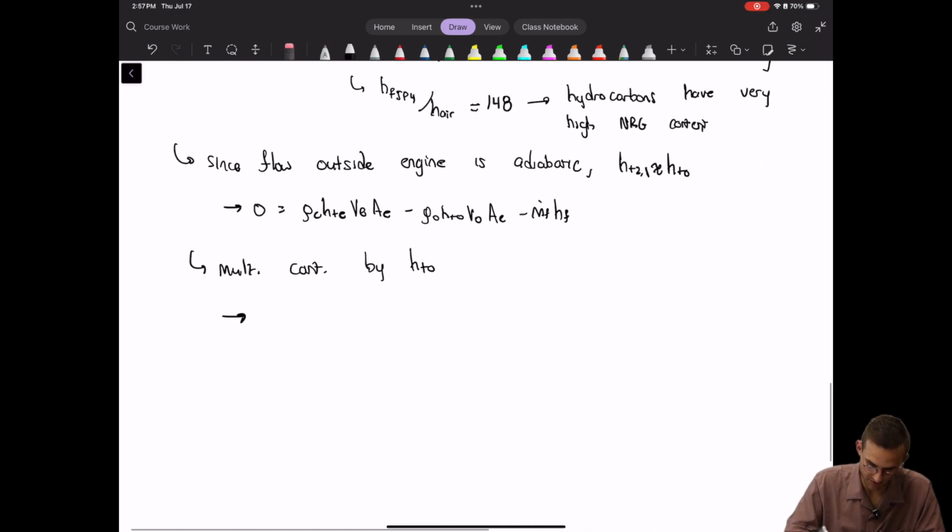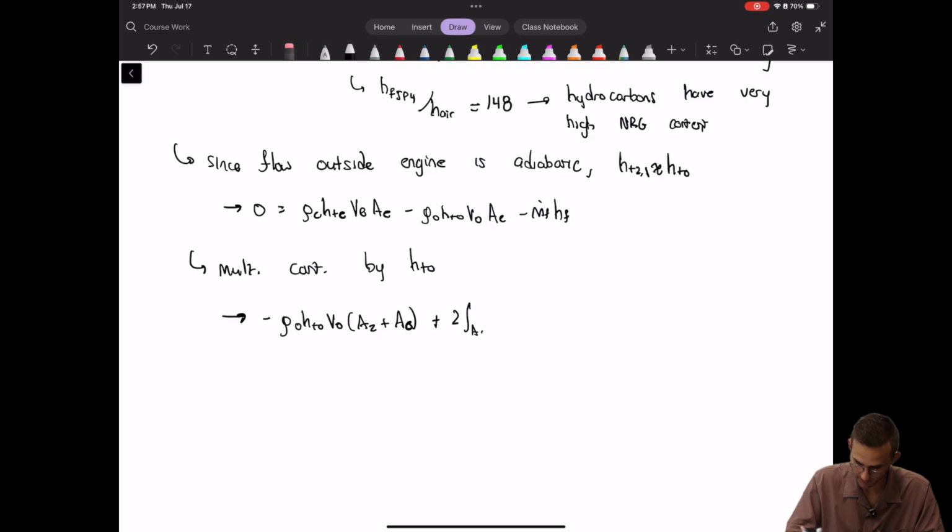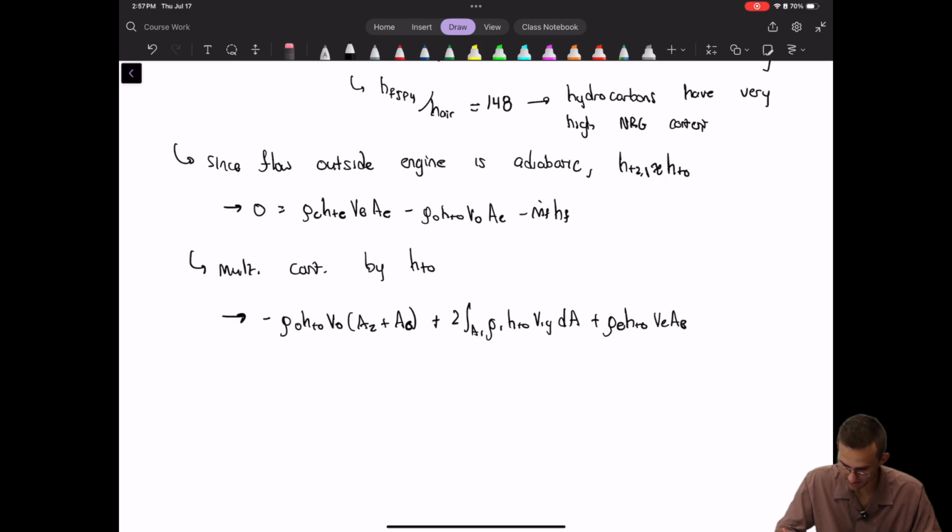It'll end up looking like minus rho naught HT naught V naught times A2 plus AE, plus twice the integral over A1 of rho 1 HT naught V1y dA, plus rho E HT naught VE AE, plus the integral over A2 of rho 2 HT naught V2 dA, minus m dot F HT naught equals 0.